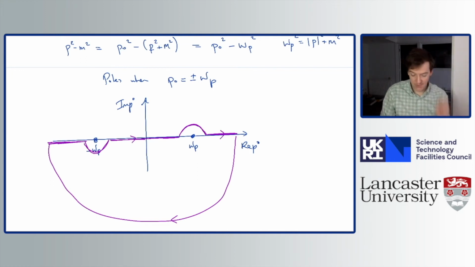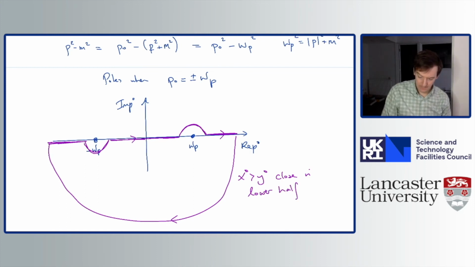We close it in this way when x₀ is greater than y₀. With this contour, you can see that we've only enclosed one of the poles, so we've picked out the positive ω_p pole only.